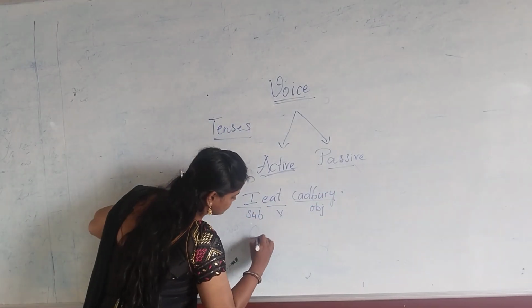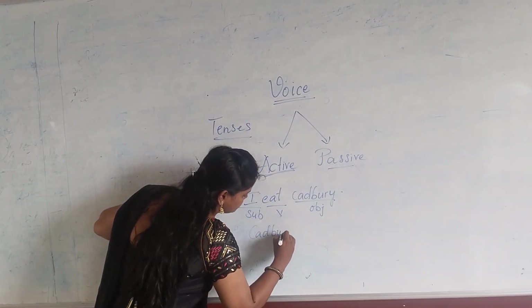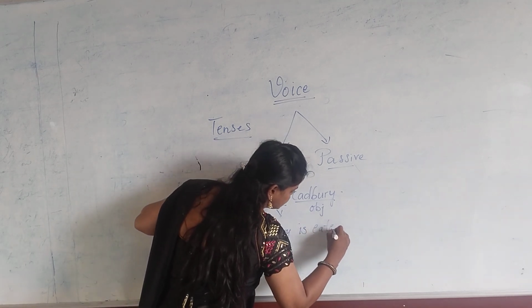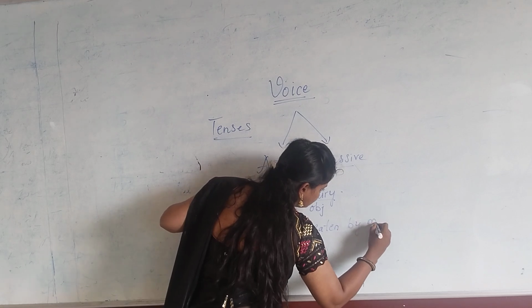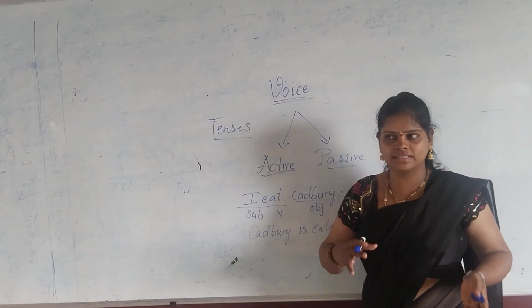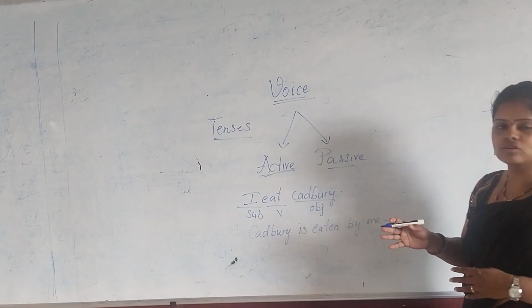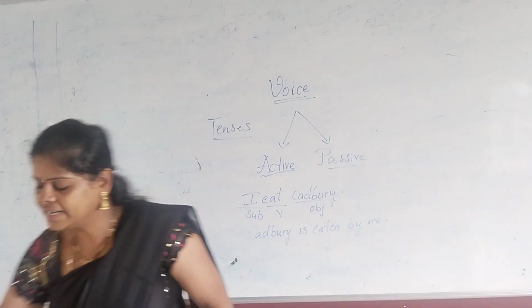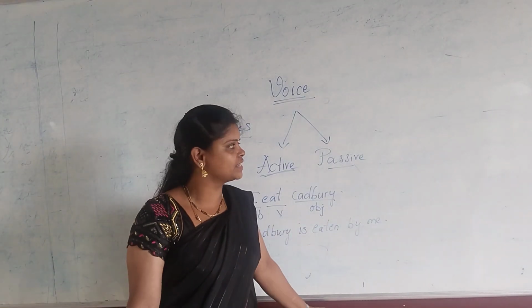How can we write? The subject changes to the object: carrot is eaten by me. How did we change this sentence? To change this sentence, we should follow some rules. First, let us see the structures of the tenses.